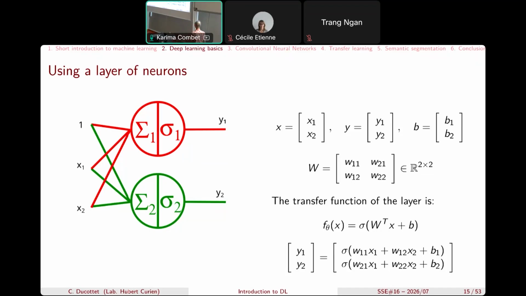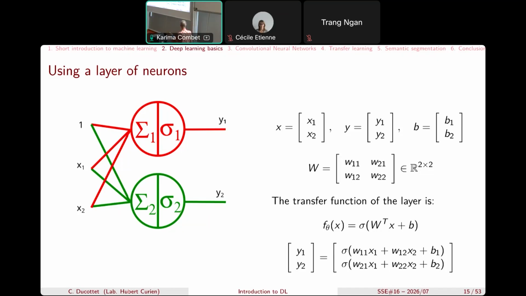Doing the same calculation as before, for the first output, Y1, we have this formula with the weights associated to the red neuron here, which are denoted by first index 1. And for the green one, we have this equation with the weights associated to index 2. Okay, and we could suppose that this is the same activation function.